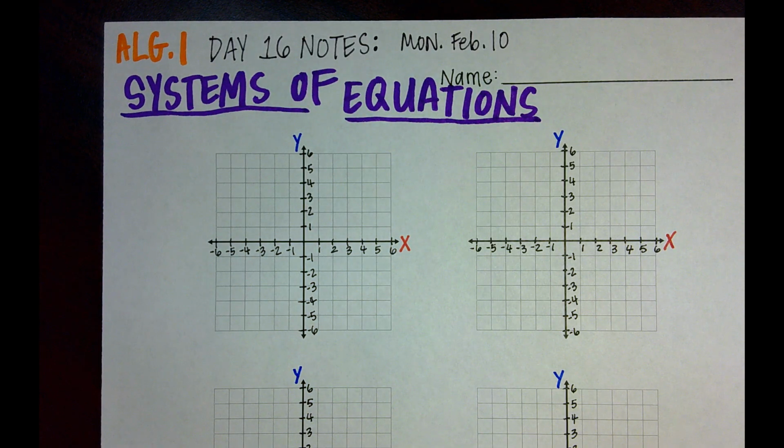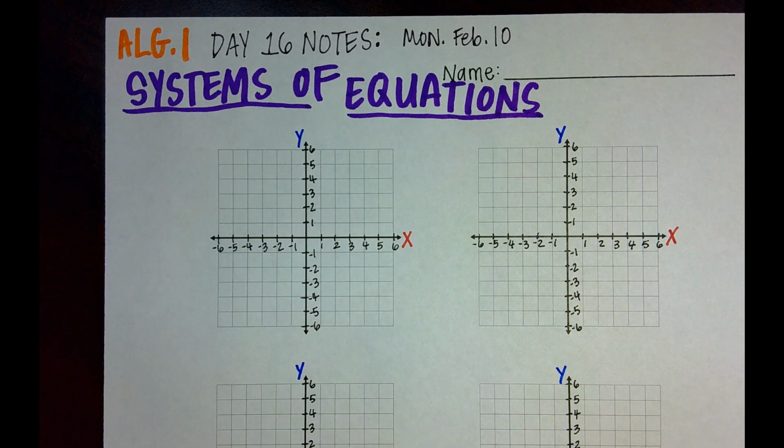So systems of equations are not that bad. All we're doing is, instead of graphing one equation, we're graphing two equations on the same graph. The only extra step we have is there's going to be a solution that we find using our system. So, for example, let me grab one that I know will give us a nice, neat answer.